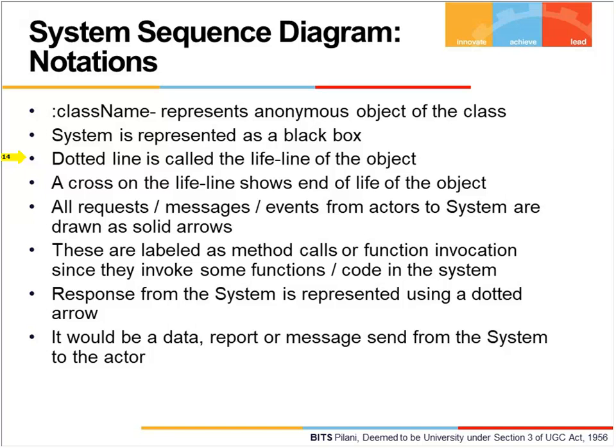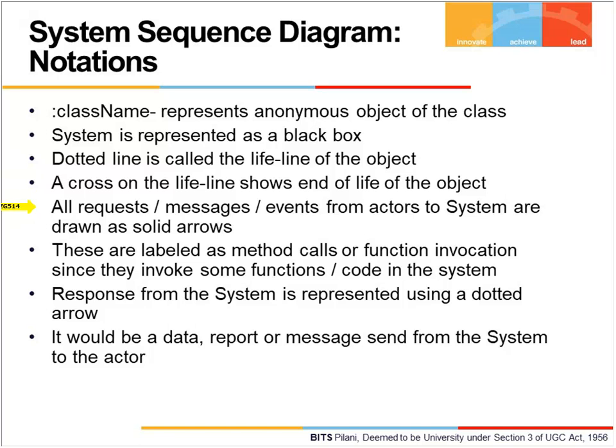So in this case, our system is one whole system, and there is an instance of the system that we are considering, and there is a lifeline. A cross on the lifeline shows the end of life of the object, right? There might be an external stimulus which results in the end of life of the system. That is represented by a cross, right?